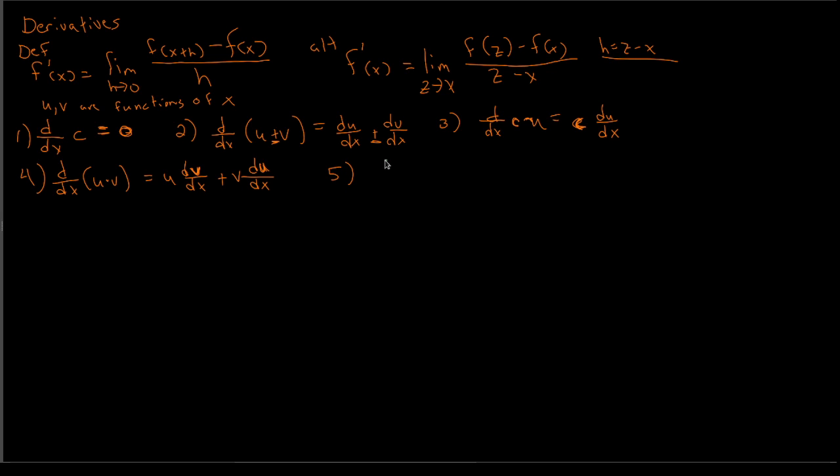We found our quotient rule. If we have two functions, u over v, then the derivative is the denominator times the derivative of the numerator minus the numerator times the derivative of the denominator, all over the denominator squared.